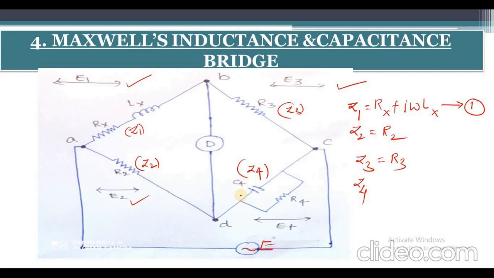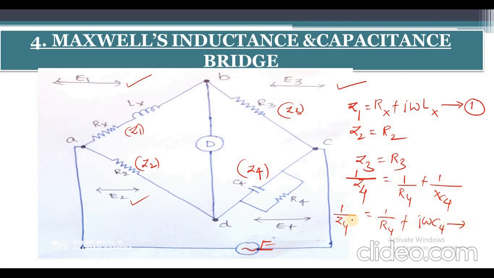Whereas for Z4, see here guys, this capacitor and the resistor are connected in parallel. That's why 1 by Z4 is equal to 1 by R4 plus 1 by XC4. XC is written as 1 by j omega C, so that means 1 by Z4 is equal to 1 by R4 plus j omega C4.